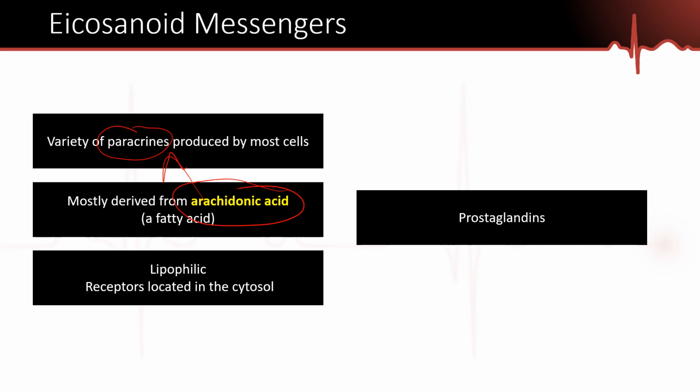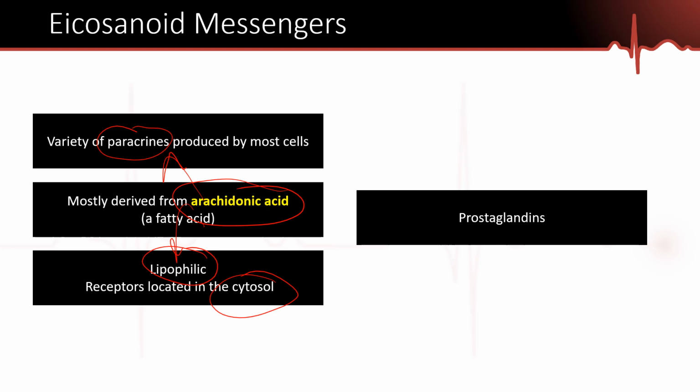And what's their structure? Well, we know that they're formed from arachidonic acid, which is a lipid, which tells us that eicosanoids really have to be hydrophobic, right? And if they're hydrophobic, where must the receptor for eicosanoids be located? Well, it must be located inside of the target cell, right?